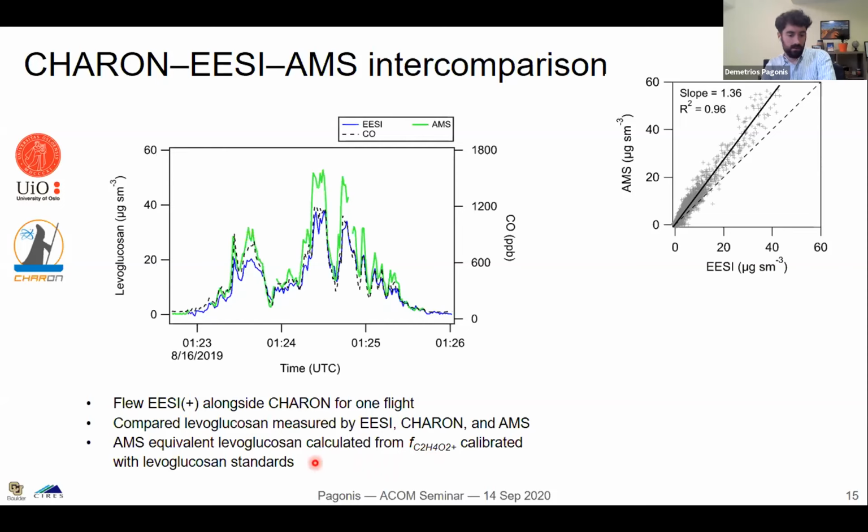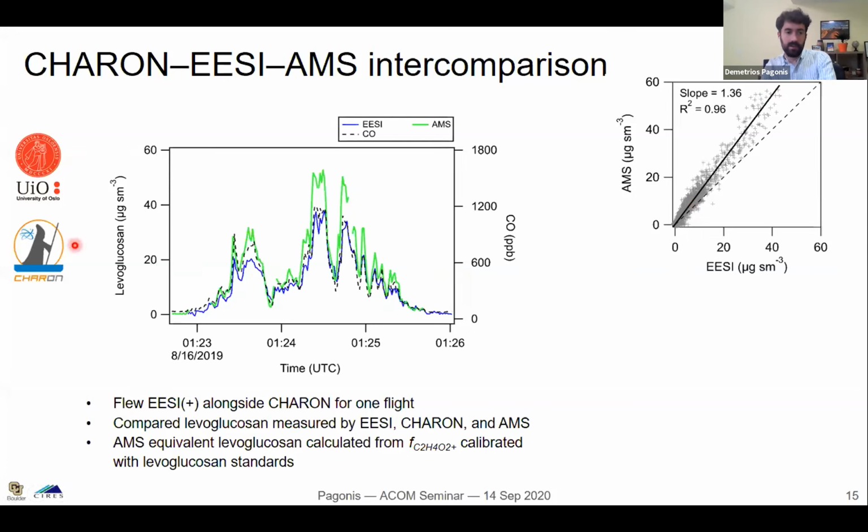And so this is a quantity that's been used in the literature before as a levoglucosan measurement, but it's been known for a long time to have a lot of contributions from other species. And so as we expect here, our slope is significantly greater than 1 because the AMS equivalent levoglucosan is not actually a specific measurement for levoglucosan.